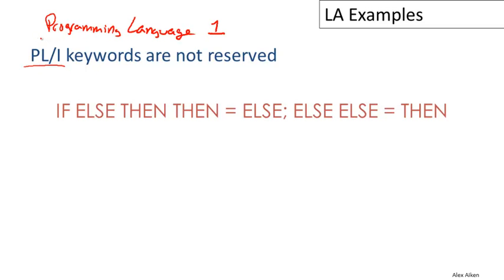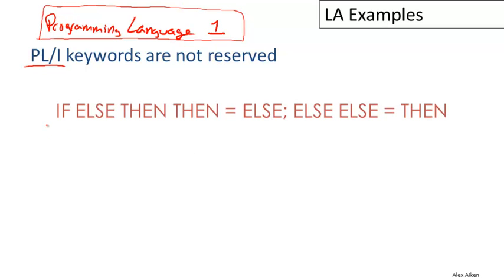It was designed to be the programming language, at least within IBM, that would be used by everybody, and it was supposed to encompass all the features that any programmer would ever need. And as such, it was supposed to be very, very general and have very few restrictions. And so one of the features of PL1 is that keywords are not reserved. So in PL1, you can use a keyword both as a keyword and also as a variable. So you can use keywords in other roles other than keywords.